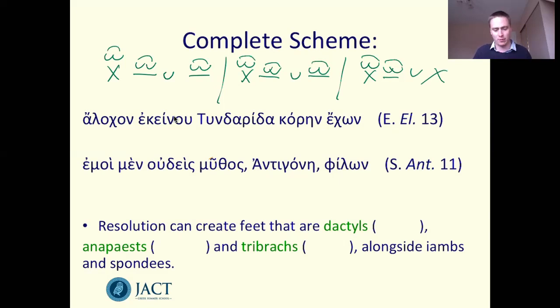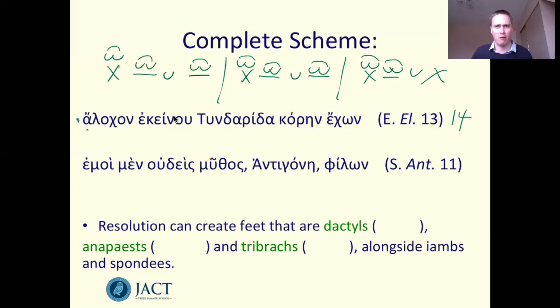So I'm going to count the number here, in this example from the Electra. Alokon ekenu tundarida koren ekon. I've counted 14 syllables. If I've counted correctly, I've got 2 instances of resolution. Where are they? Well, here the alpha, the first element, that is anceps for the poet.